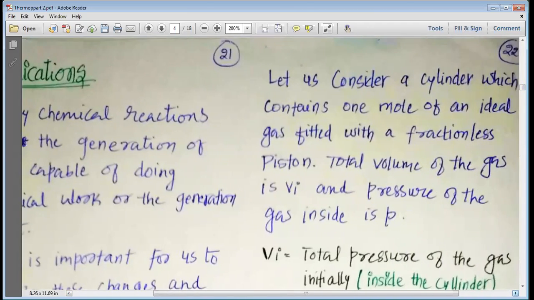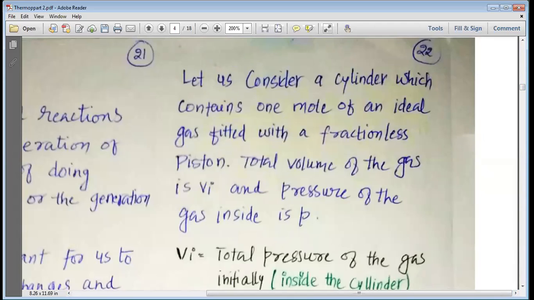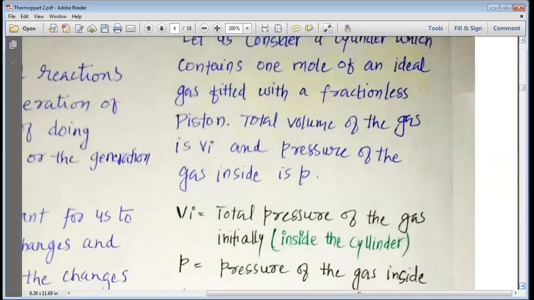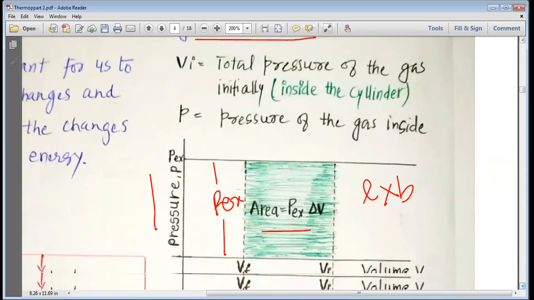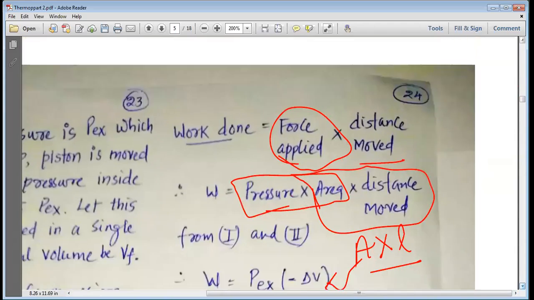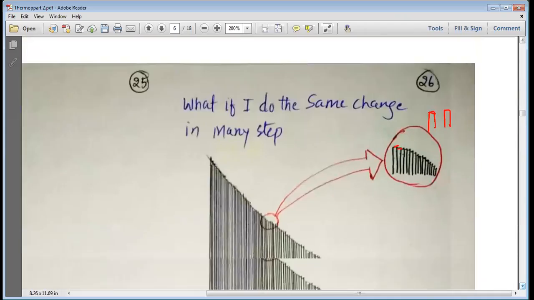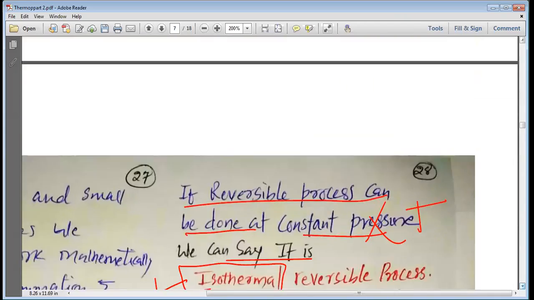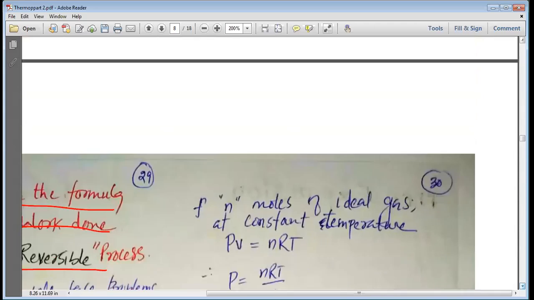You can easily see it here. The total volume of the gas is Vi and the pressure of the gas inside is P. So from this we have written that the pressure inside the gas is P, and we have put this value of P internal as P to derive this equation.